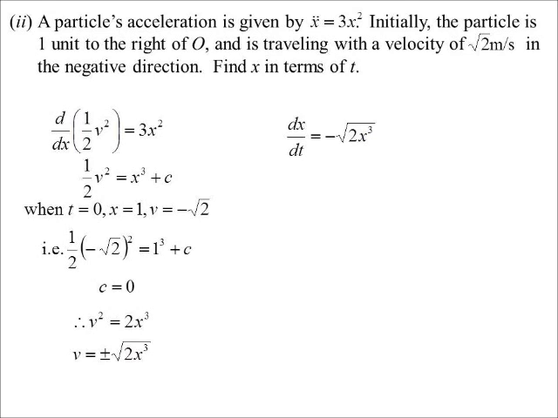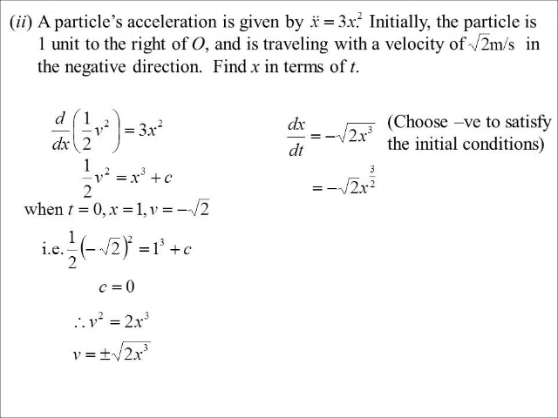The reason is I've got to match up the initial conditions. The initial condition said velocity was negative root 2 when x is 1. So when I sub in x equals 1, I need to get an answer of negative root 2 because they're the conditions I'm using. So to go a step further, I'm going to use negative square root for this problem. Okay, I have dx/dt, so to undo the derivative, I'll integrate both sides.